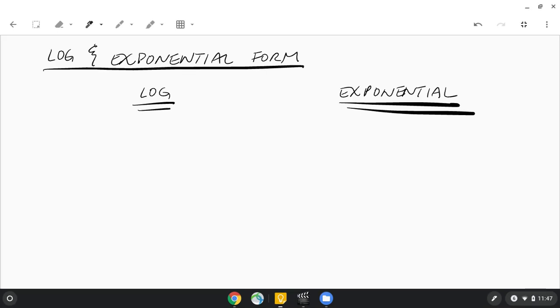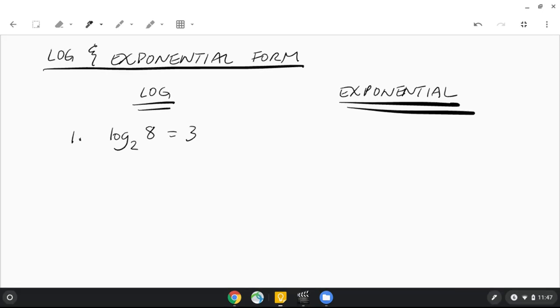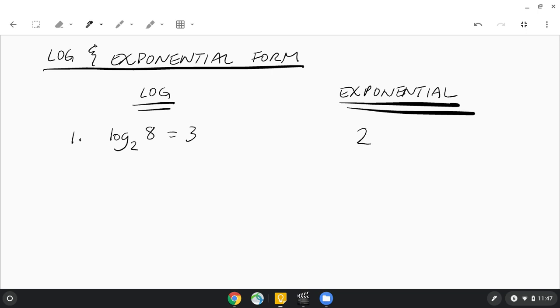Okay, so if I have log base 2 of 8 equals 3, then I should be able to write this in exponential form. So that base 2 will also be the base for the exponential. So we're going to have a base of 2.